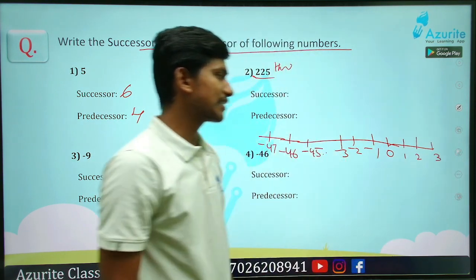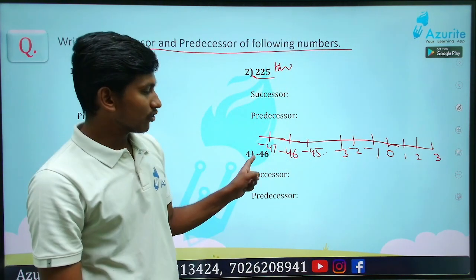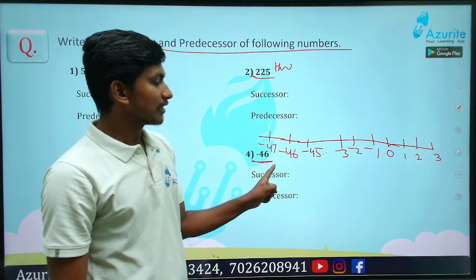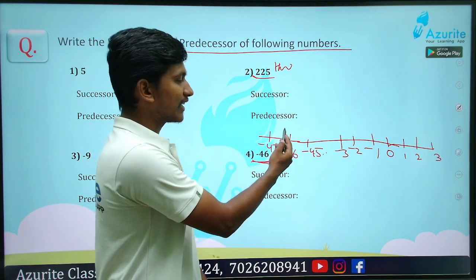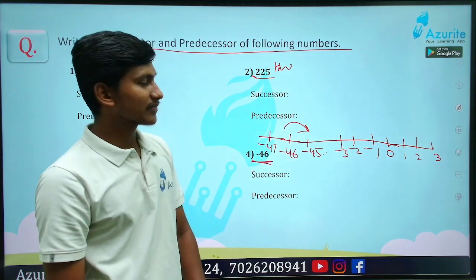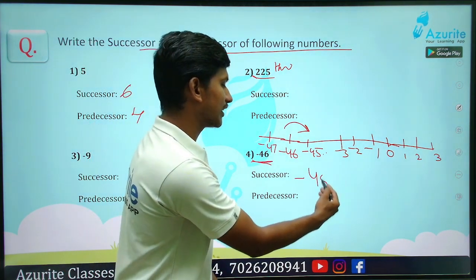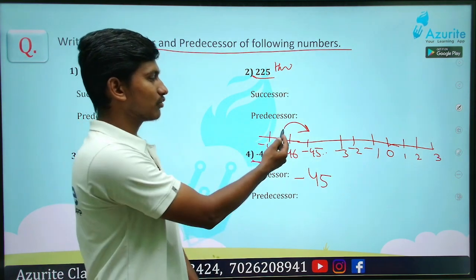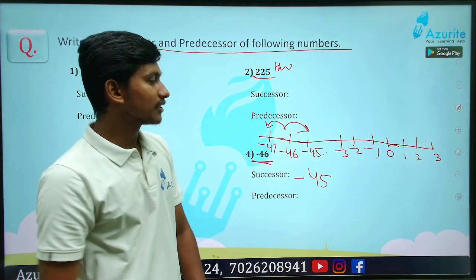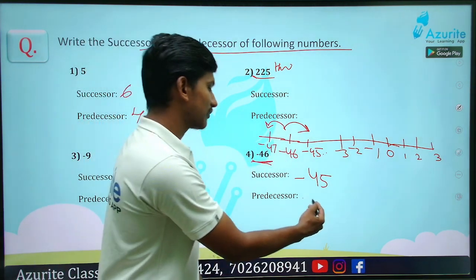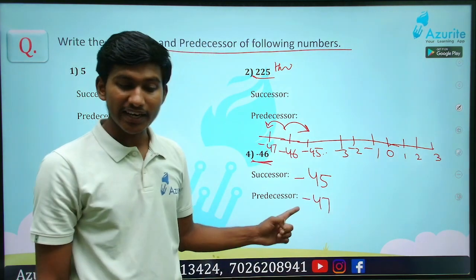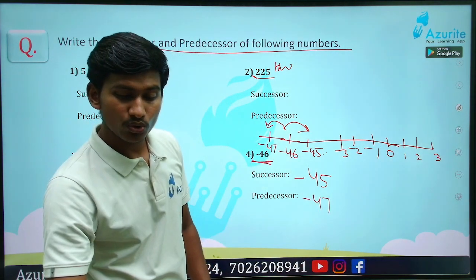Now for the minus 46, which is the next number, that is the successor? Minus 45. Which is the predecessor, the one before that? Minus 47. Understand?